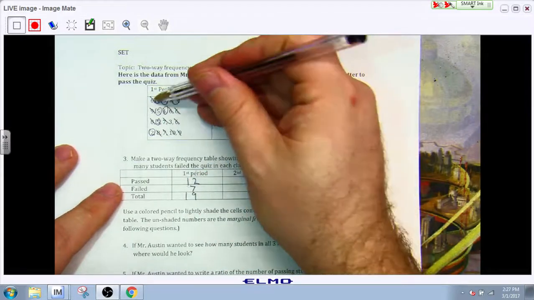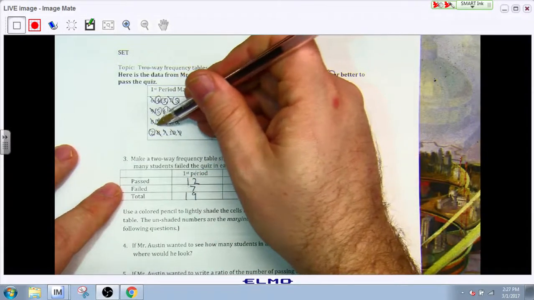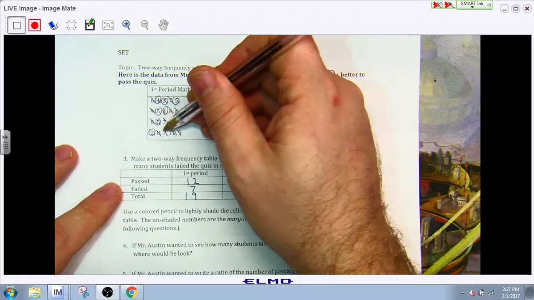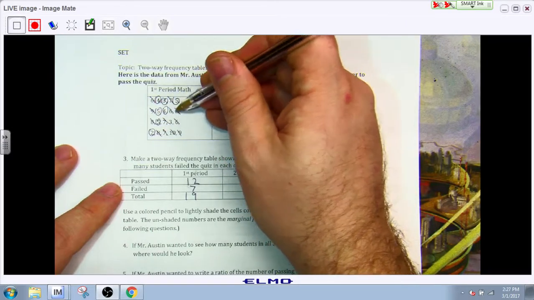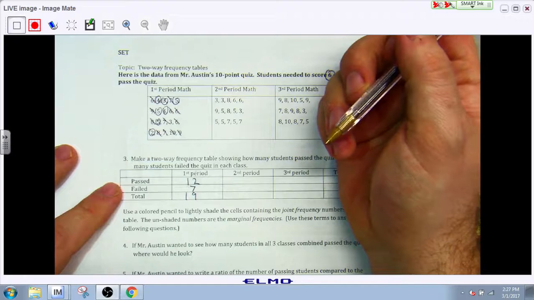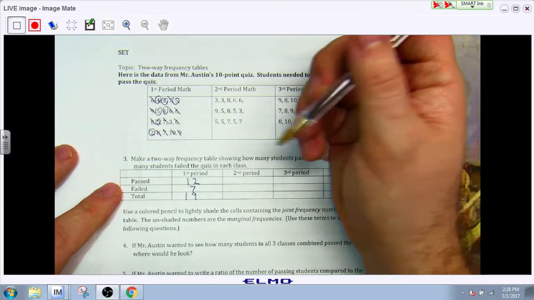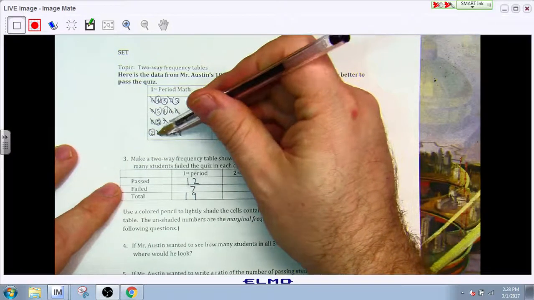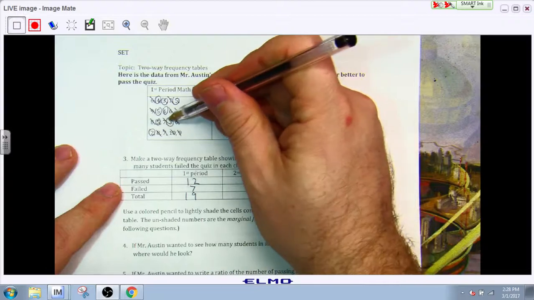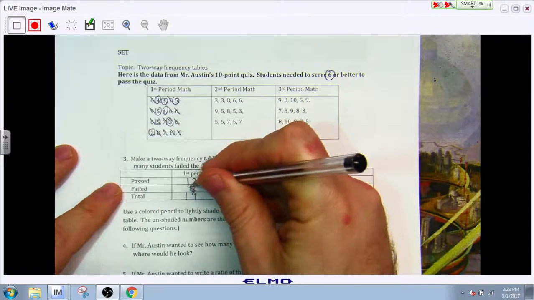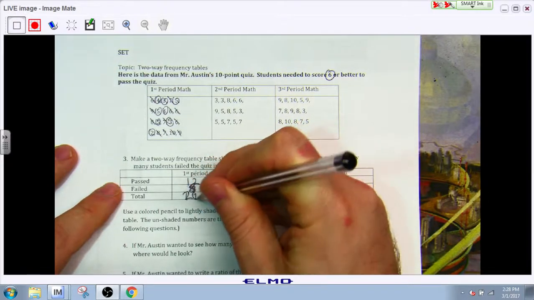Let me just double check that. 1, 2, 3, 4, 5, 6, 7, 8, 9, 10, 11, 12, 13, 14, 15, 16, 17, 18, 19, 20. 20, so I messed up somewhere. Where did I mess up? Oh, I missed this 3. Thank you. Okay, so that's 8 that failed and 20.